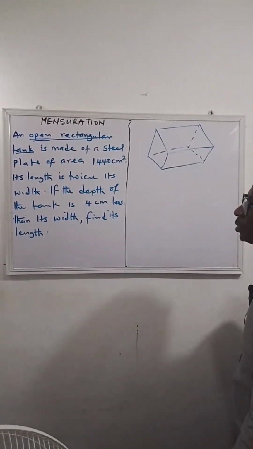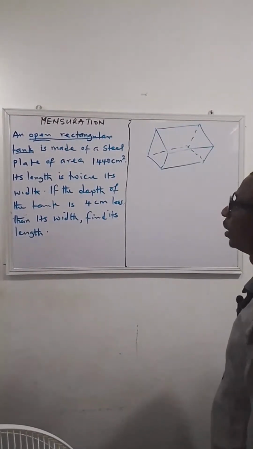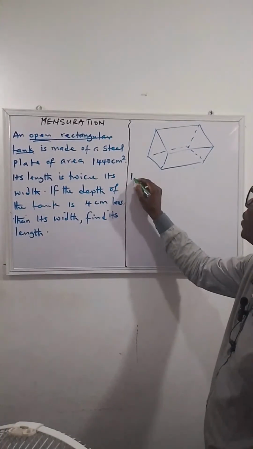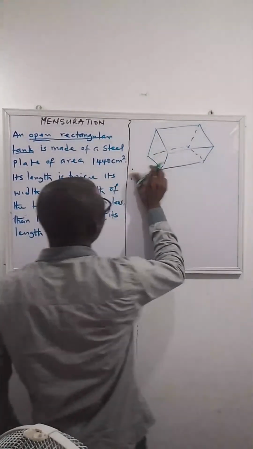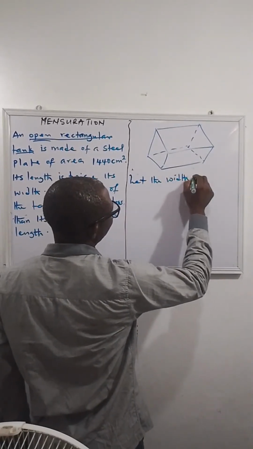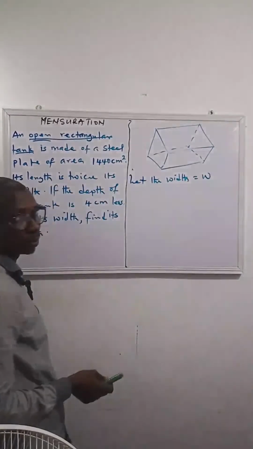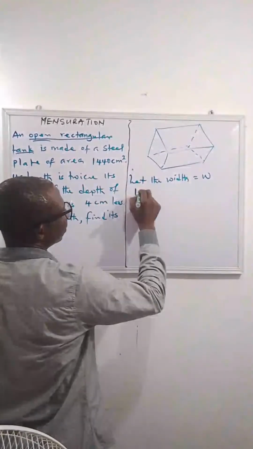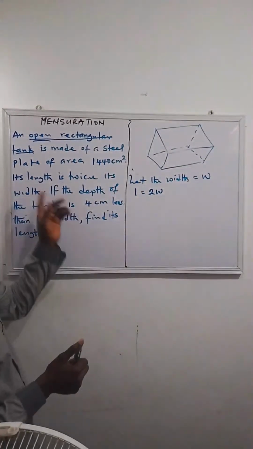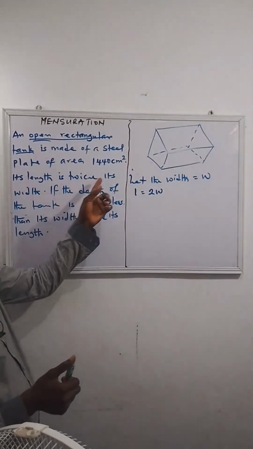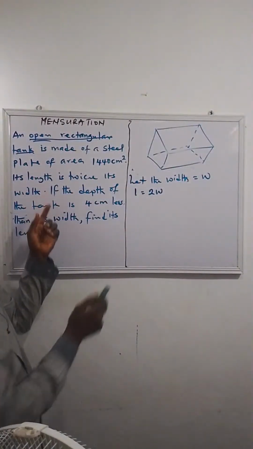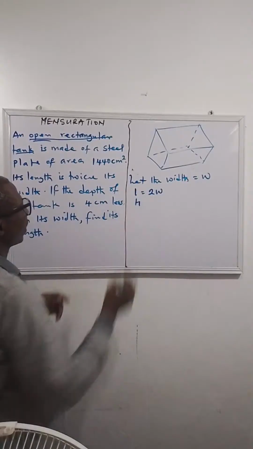So in the question, we are told that the length is twice its width. Let the width be equal to W. So if the width is W, what's going to be the length? Length will be 2 times W, because the question says its length is twice its width. Now what of its depth? We can represent that with H, the depth.